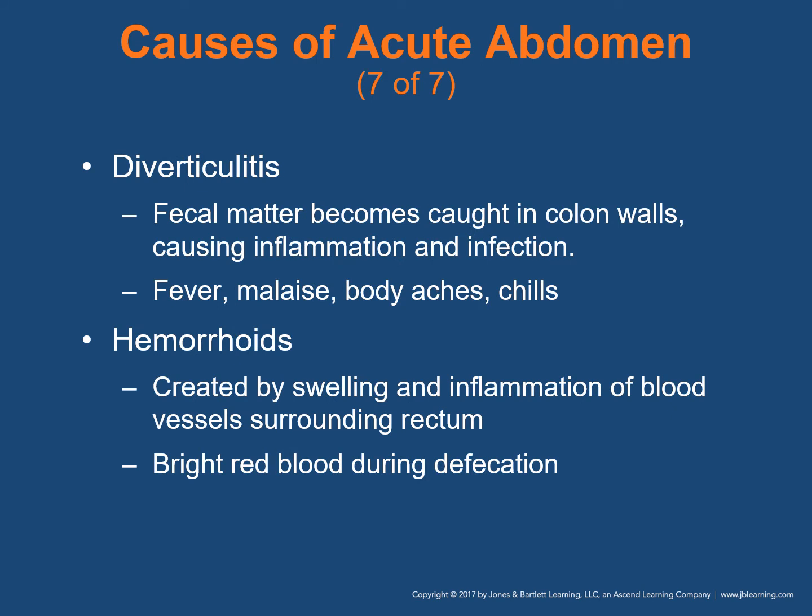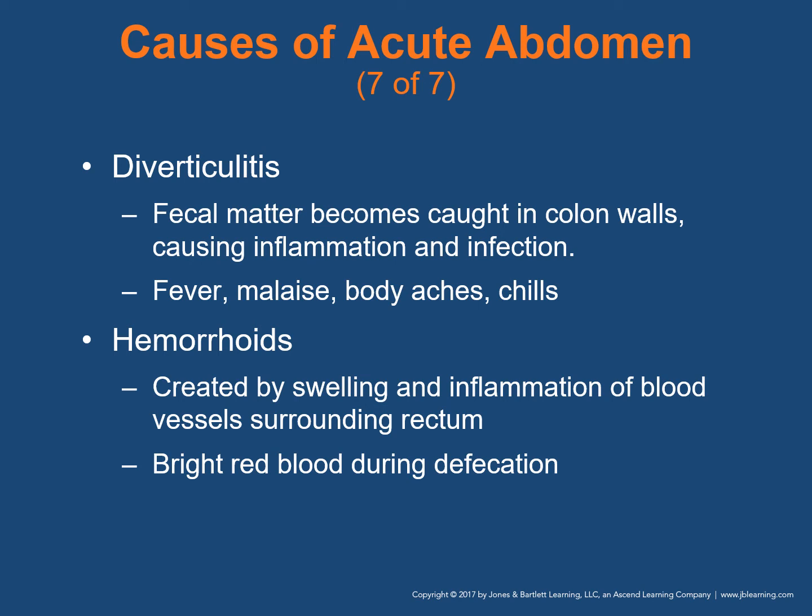Diverticulitis: when you have a patient who has the weakening of the muscular walls, you've got to then get that pocket that forms. So it's kind of a hidden area in the colon. And when this happens, you get fecal matter that can become caught in the colon walls because the peristalsis isn't able to pull that matter out of the weak area.